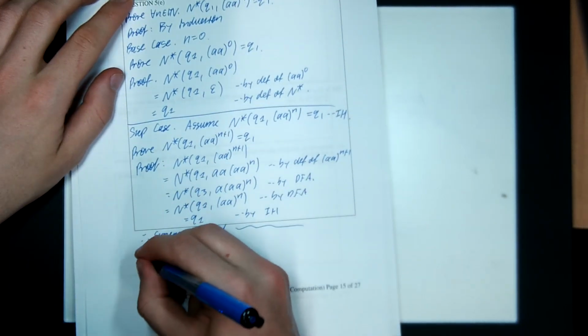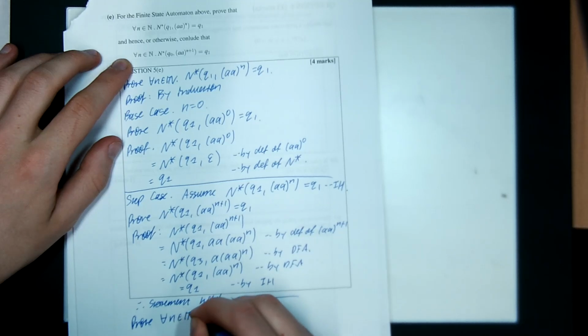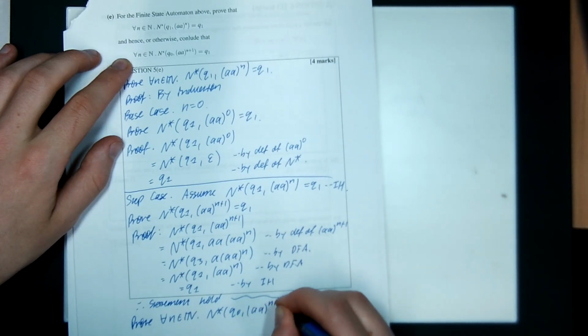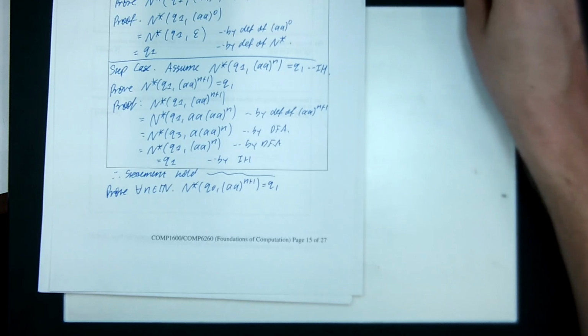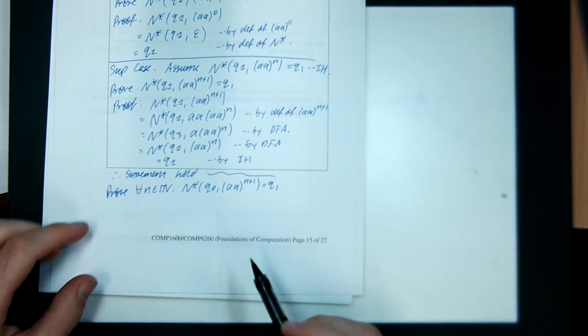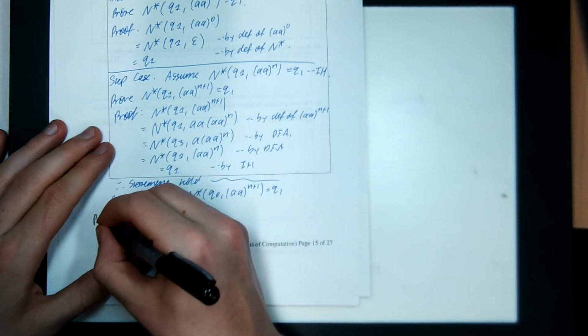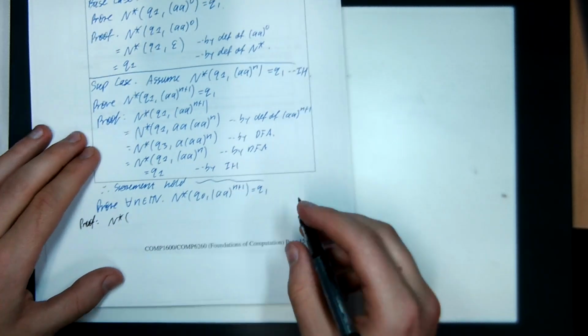Okay, we're not done yet. Hence or otherwise, conclude this property here. We also have to prove for all natural numbers n, n star Q0 (AA)^(n+1) equals Q1. Thankfully we don't have to do another induction proof. I can just use the previous property to help me. So here's the proof. You break off the first set of double A's.